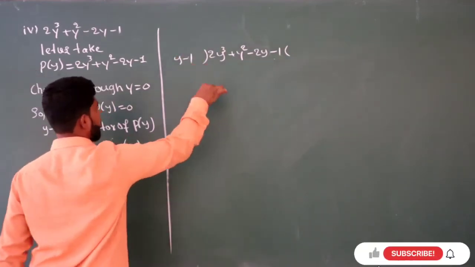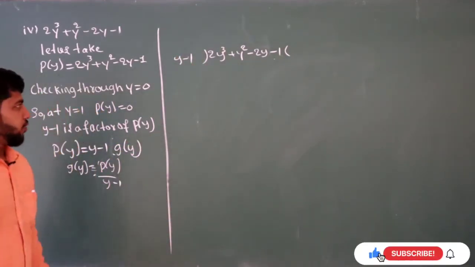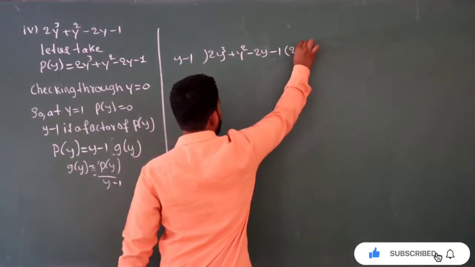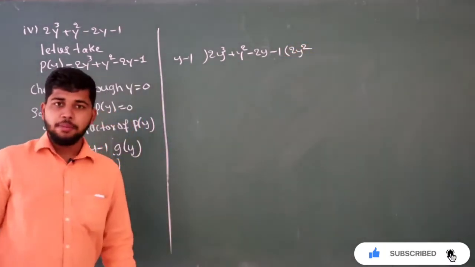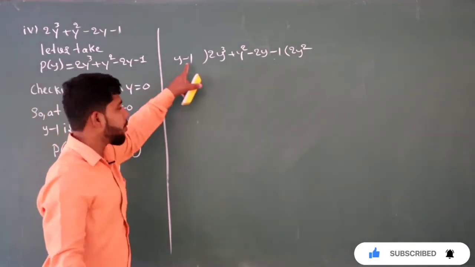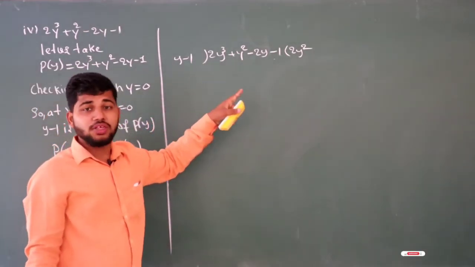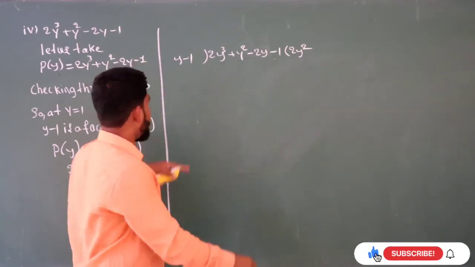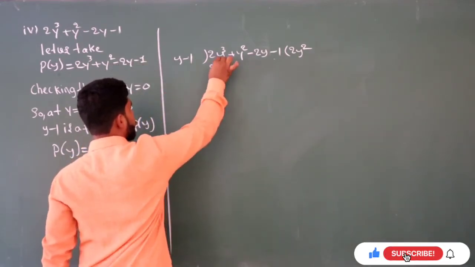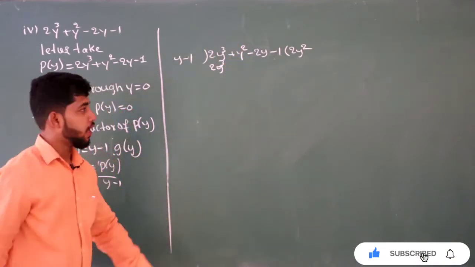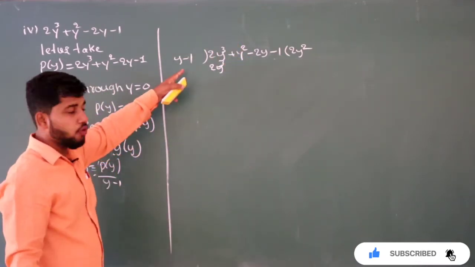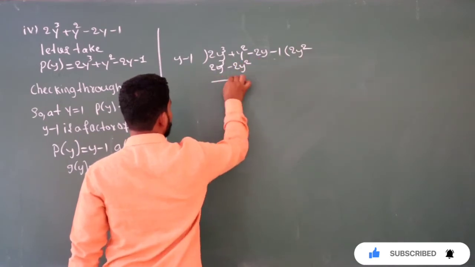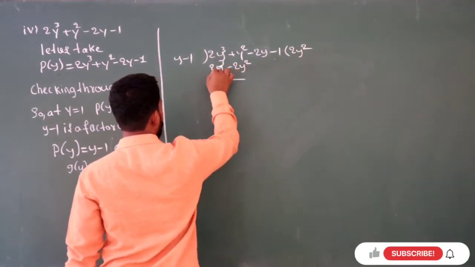Now if you are taking the 2y square, multiply the 2y square to the y minus 1. 2y square into y is 2y cube, and 2y square into minus 1 is minus 2y square. Now minus becomes plus and here minus.